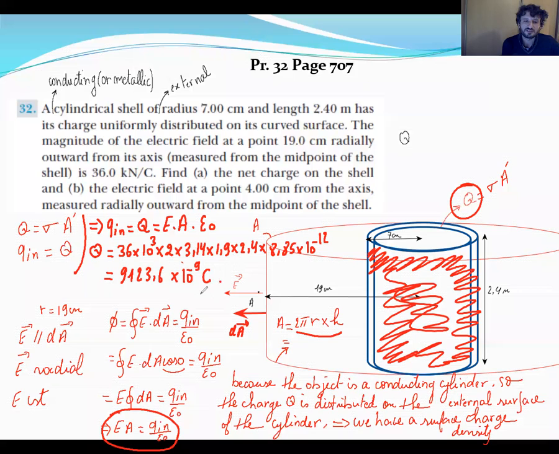Okay, this is the value of Q. This value equals sigma A prime if you want to calculate another thing. So we can see here this value equals sigma times A prime. But I just need to calculate Q. Okay, thank you.